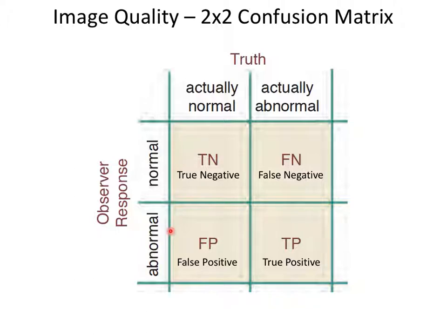The 2 categories that are good are the true negatives, where your observer, using the images, calls the person normal, i.e. they don't have the disease, and they actually are normal. That's a true negative. And then true positive is another good result.